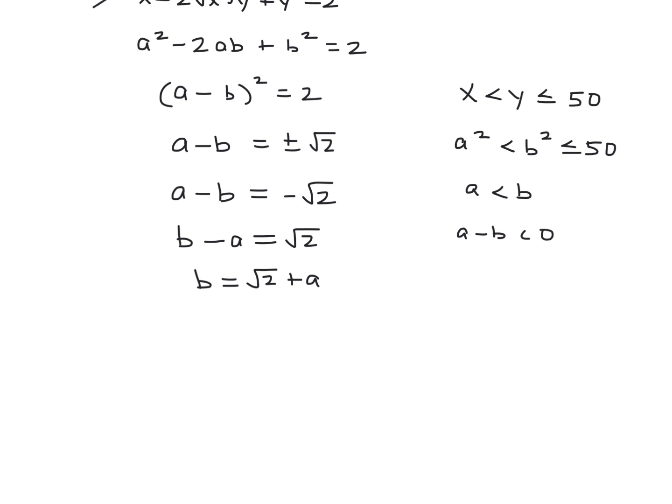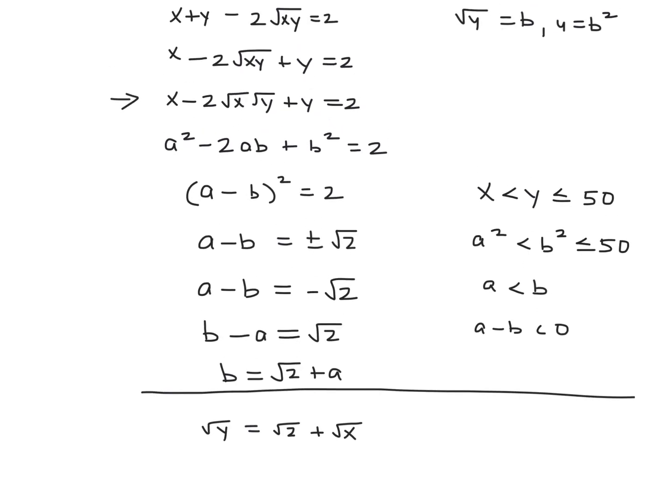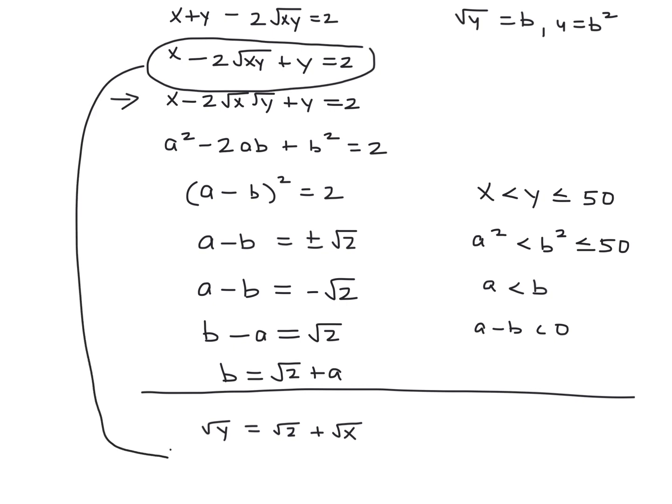And then now let's switch back to our x's and y's, since that's what we are dealing with. Recall b was root y, and a was root x. So this is really what we got down to. And then we will bring this guy back, this one right here. We'll bring that back.